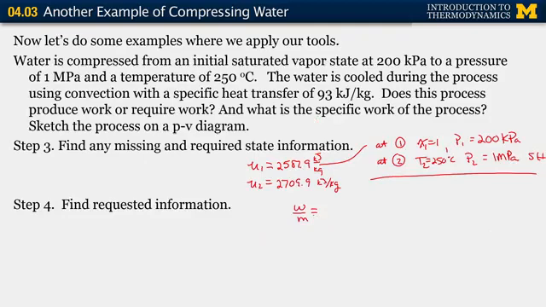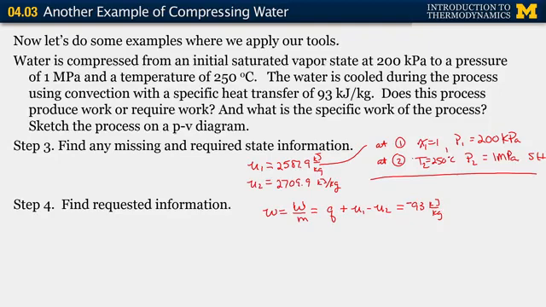And what we have is, if you plug in the numerical values, 93 kilojoules per kilogram. Remember, that's heat transfer out, so it has to have a negative sign associated with it, because that's our sign convention.